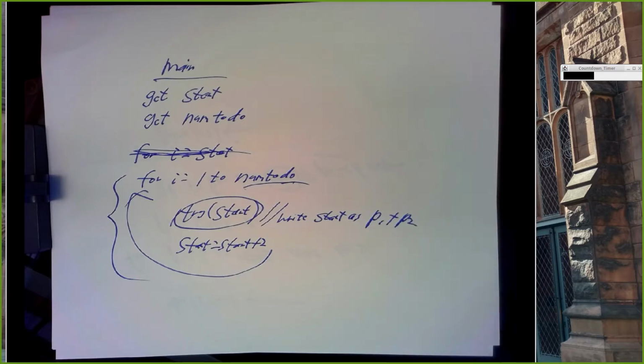Cool. And yeah, don't hesitate to come to office hours. Share your screen, show me your code. We can work on it from there.